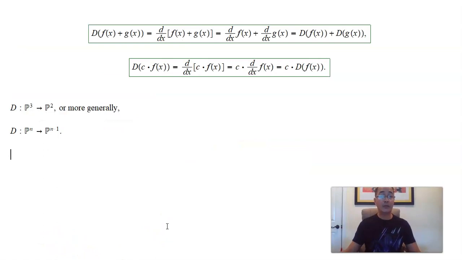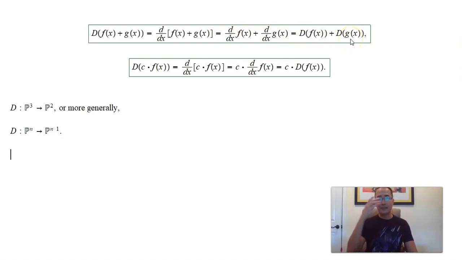All right, well, additivity and homogeneity follow very naturally from two famous properties for the derivative. What is the formula for the derivative of f of x plus g of x? Well, I hope you remember. Come on. It's the derivative of f plus the derivative of g. So you can think of that as D of f plus D of g.